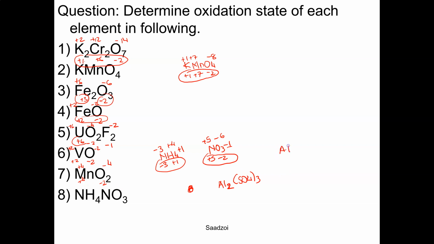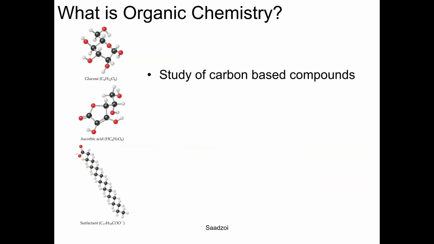So I would make this Al3+. At the 3+ from the aluminum, sulfate becomes SO4 2- because of the charge in sulfate. So oxygen is -2, -8. This has to be a +6. It's the only way to do the ones that have multiple polyatomic ions. Whenever you see parentheses around the polyatomic ion, do what I just did. That's the best way to handle it.